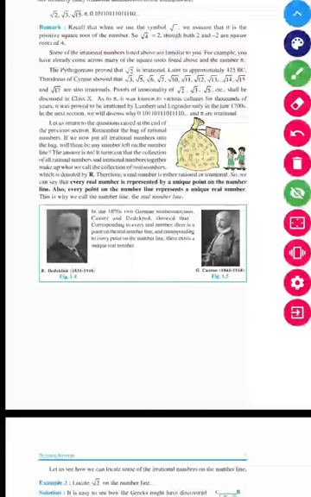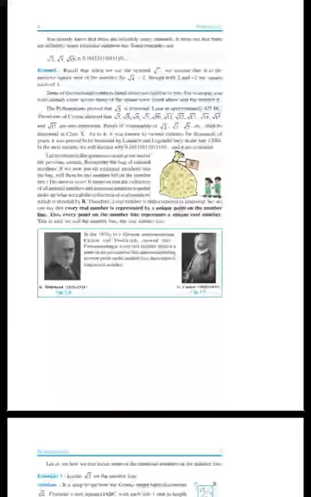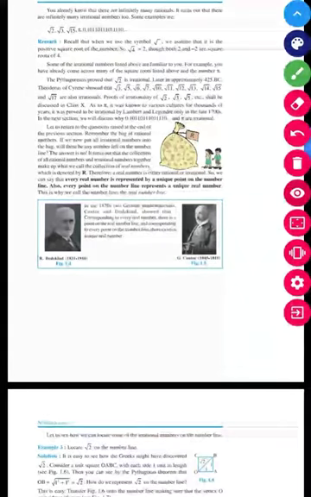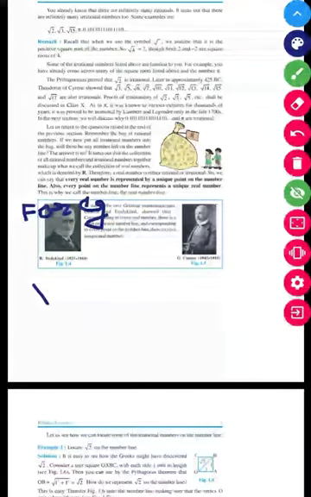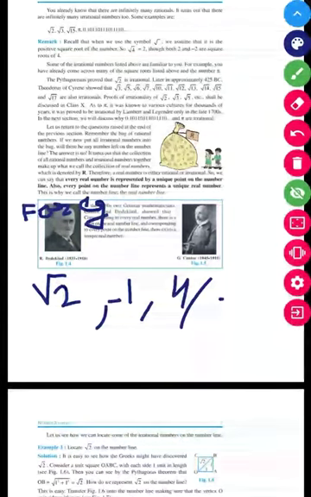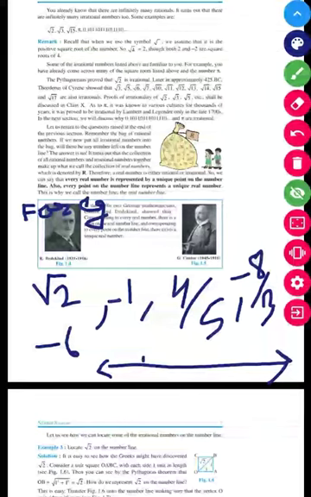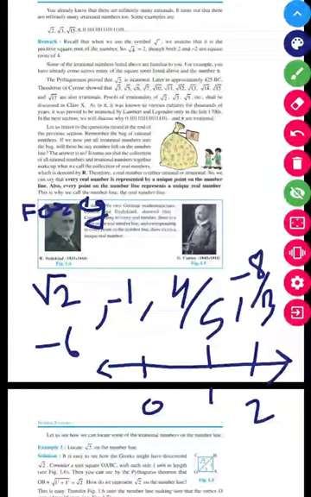For example, root 2, -1, 4 over 5, -8 over 3, -6. That means all these numbers are shown on a unique point on the number line.